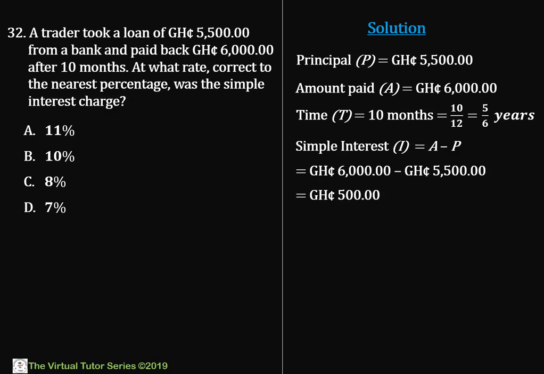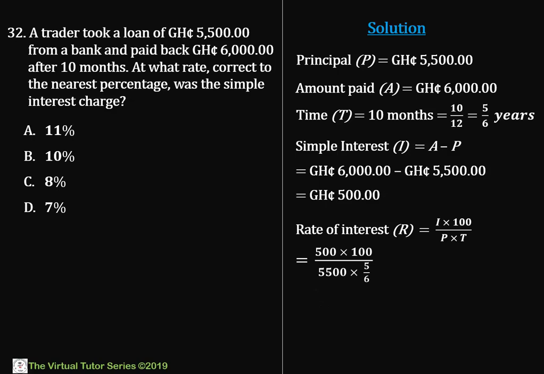The rate of interest, R, is given by the formula simple interest times 100 all over principal times time. This is equal to 500 times 100 all over 5,500 times 5 over 6.